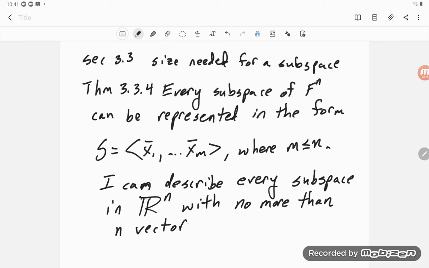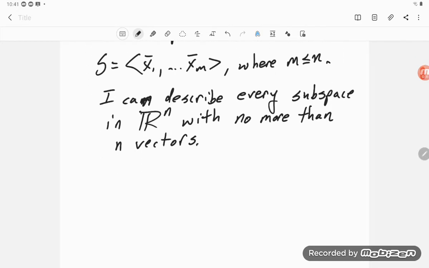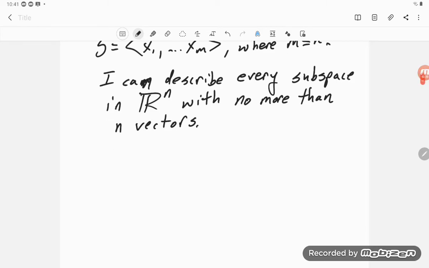Okay? So if I want to describe R2, I never need more than 2 vectors for any subspace of R2. Any subspace of R10, I never need any more than 10 vectors. That is what this is telling us. And so they give a proof.